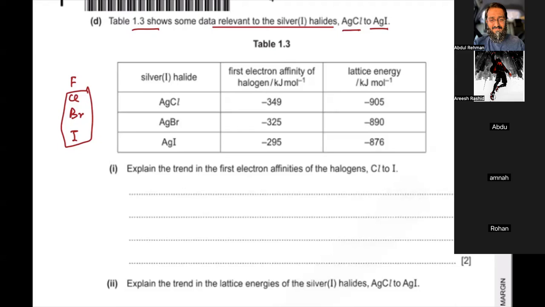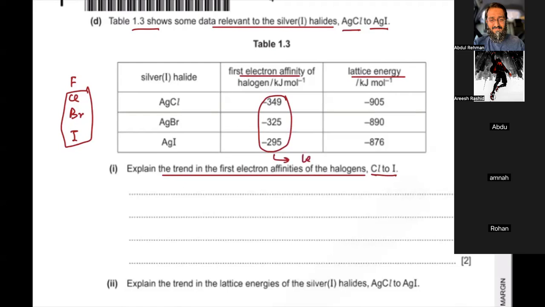And over here, they have given you the first electron affinities of the halogens and then their lattice energies. Okay. So what they are asking: explain the trend in first electron affinities of the halogens from chlorine to iodine. So what we are observing, what is the trend?